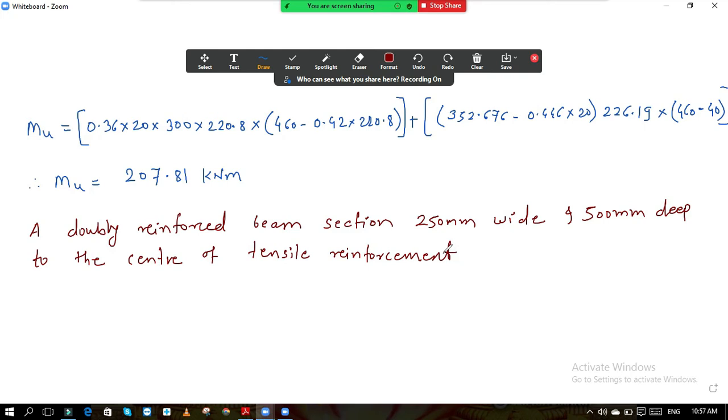It is reinforced with 2 bars of 16 mm diameter on compression side, at an effective cover of 50 mm.